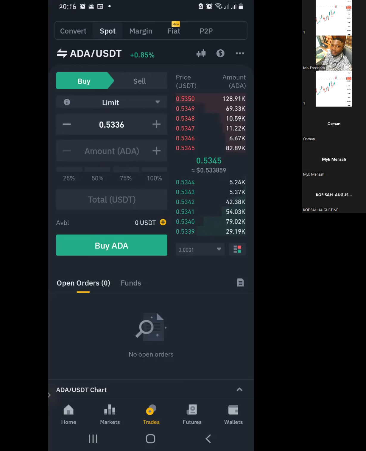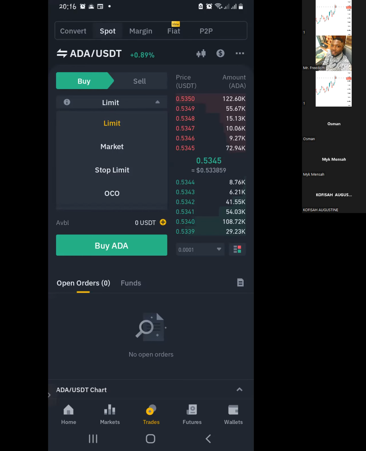When you click on the limit, you see different types of trading. These are different ways you can enter the market, or access the market, or set up a trade: limit, market, stop limits, and then OCO. For the purpose of today, I'll stick to the first 3.